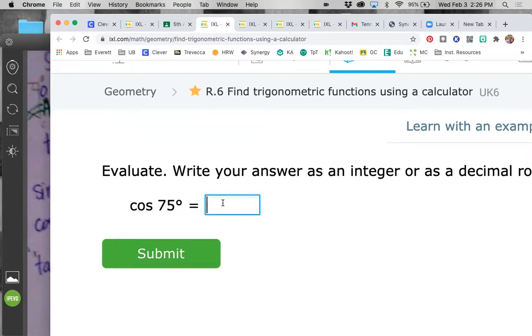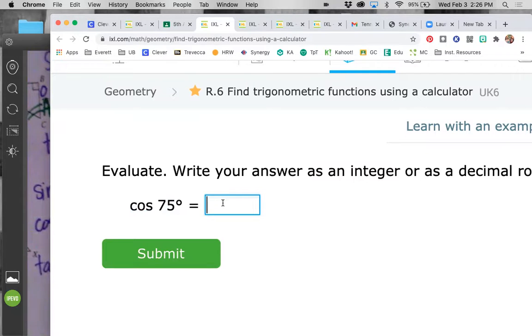On your calculator, over beside the 7, there is a button that says Trig. There it is: sine, cosine, tangent. You just use whatever function they say.